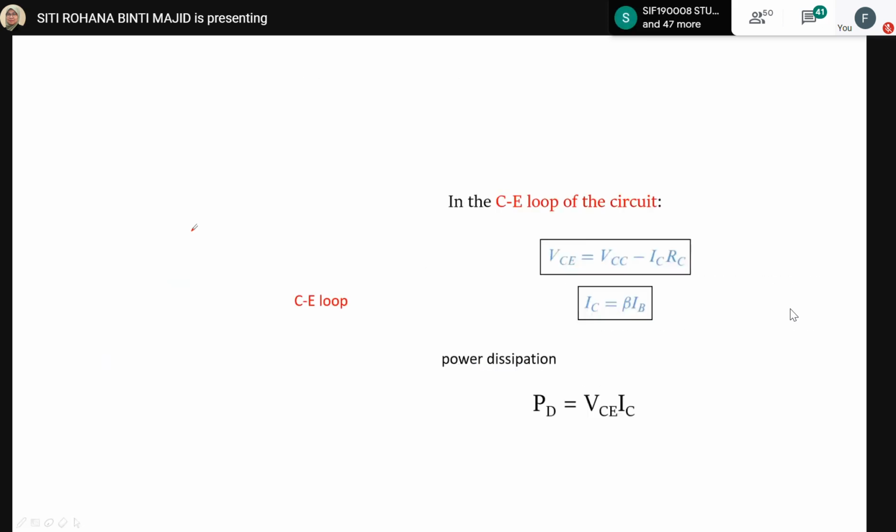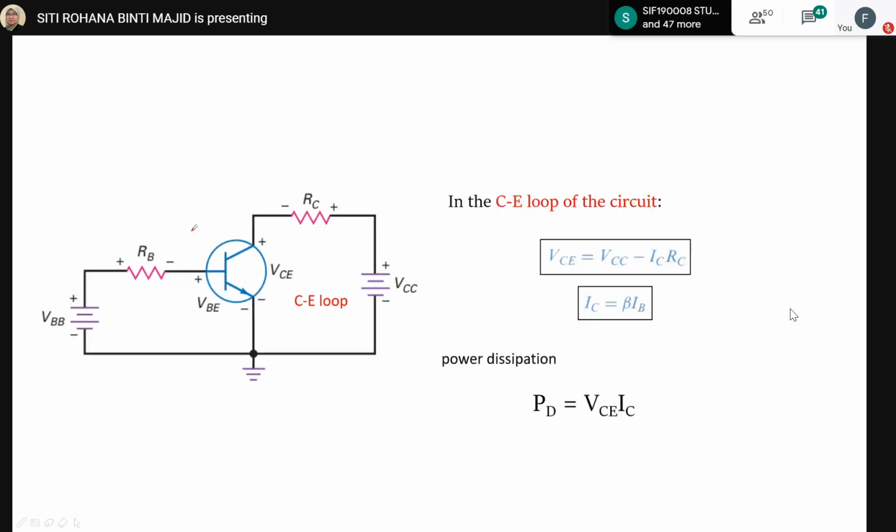Okay, so this one is just to remind you, recall back the equation for the CE loop, which is VCE equals VCC minus ICRC. This just follows Kirchhoff's voltage law, so total voltage in equals total voltage out.